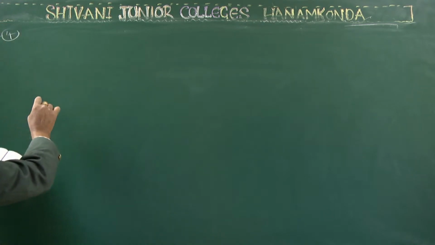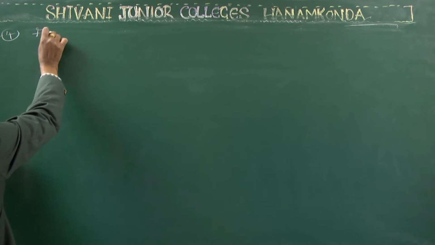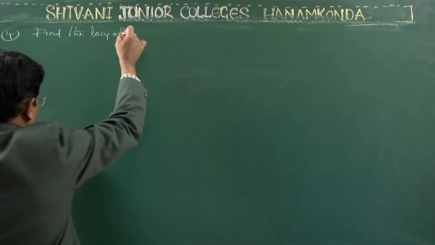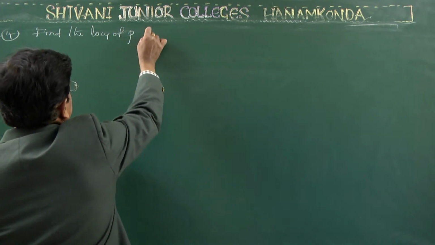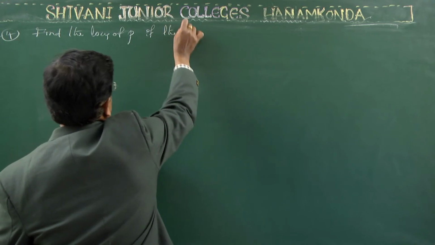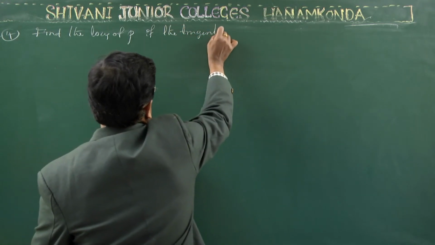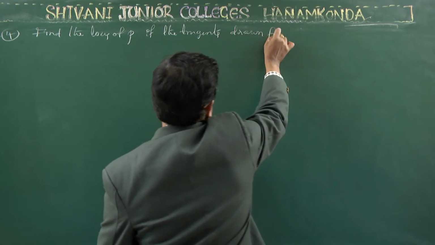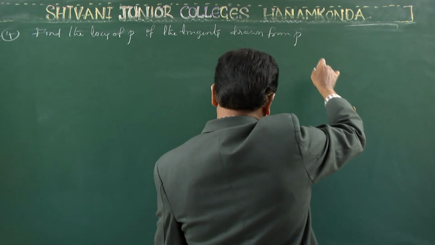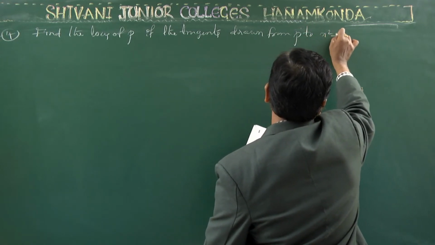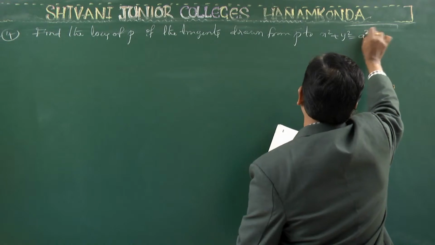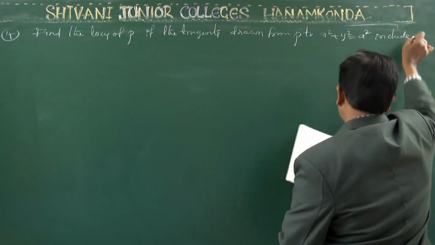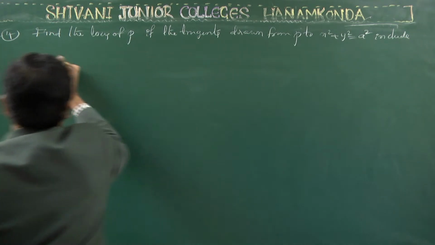Find the locus of P if the tangents drawn from P to x square plus y square is equal to a square include an angle alpha.